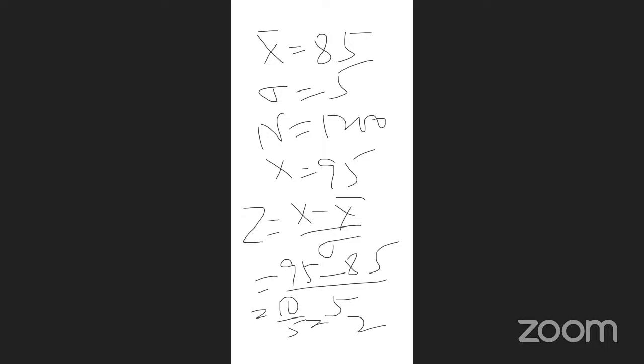So now what we have to do is locate the area under the normal curve. We have to use the table value. So this z is equal to 2.